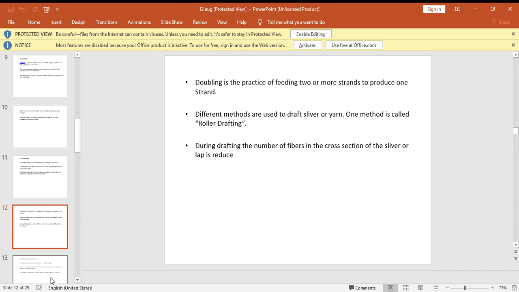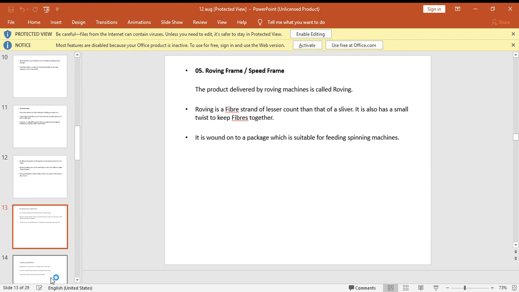Doubling is a practice of feeding two or more strands to produce one strand. Different methods are used to draft sliver to yarn. One method is called roller drafting. During drafting, the number of fibers in the cross section of the sliver or lap is reduced. That is about the draw frame.